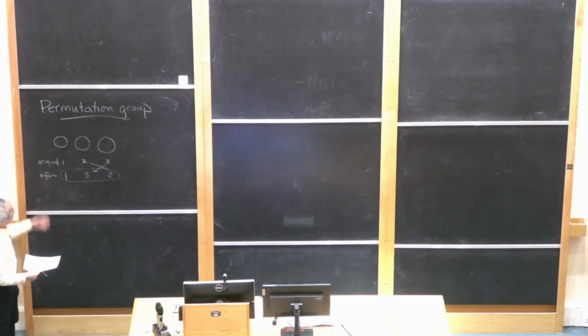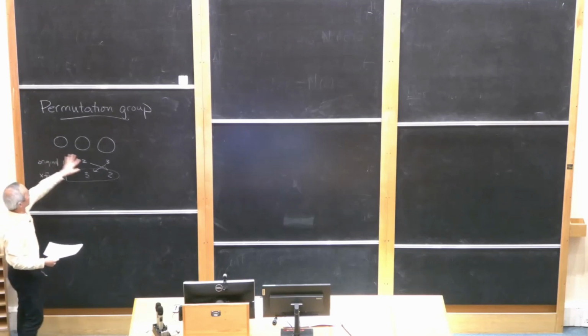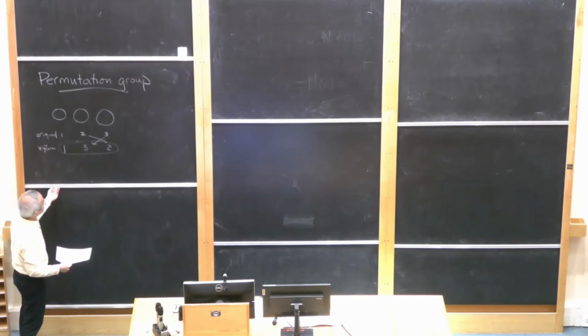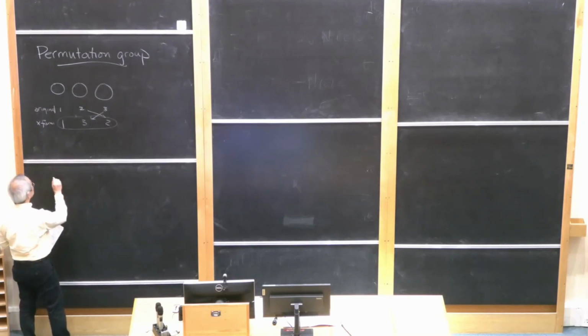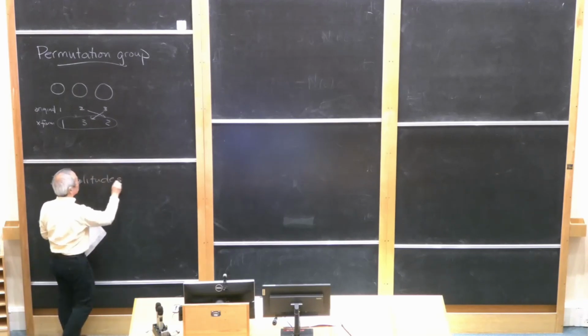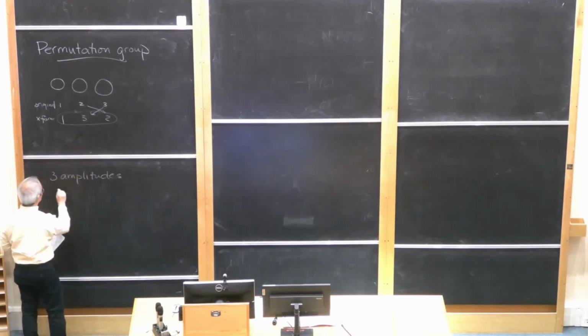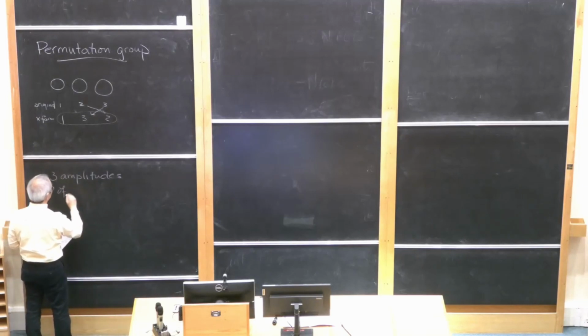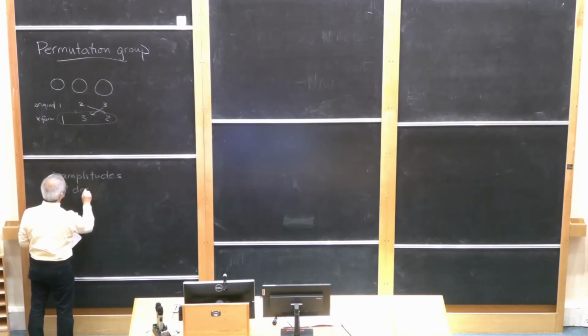Now, of course, it's not just identical balls that you might swap around. You can also think of these things as 3 amplitudes, going back to quantum mechanics, of degenerate states.